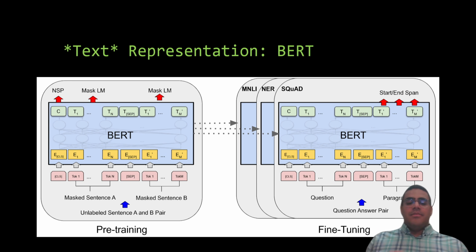Okay, and by performing these two tasks, the masked language modeling and next sentence prediction, we somehow enforce the BERT model to learn the language. Okay, and now that in the pre-training phase, the BERT has learned the language, we will fine tune it for our own specific task.